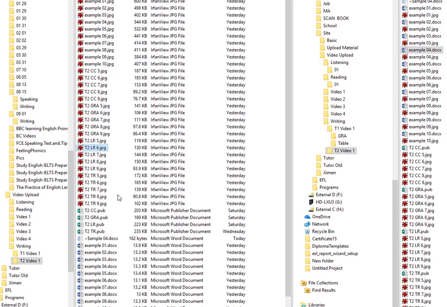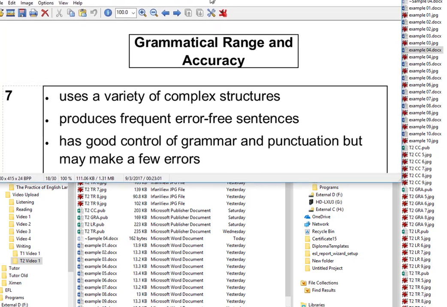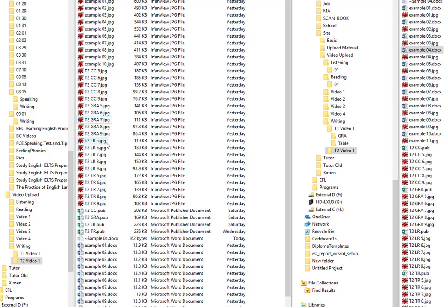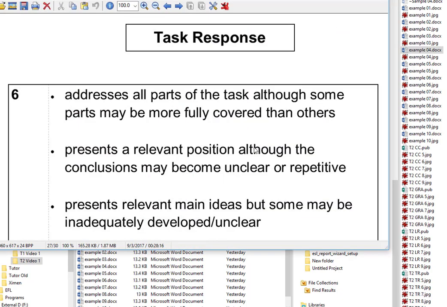Okay, so as far as grammar goes, very few mistakes. Produces frequent error-free sentences. Well, of course, the reason for this is that someone actually sat down and wrote this. Okay, so the biggest problem was basically just with task response. Task response, the weakest of all of these criteria.